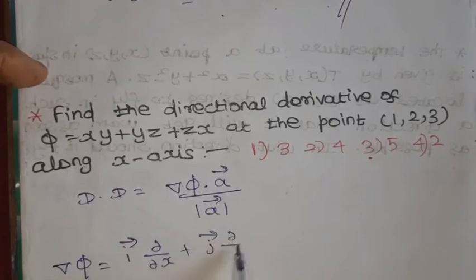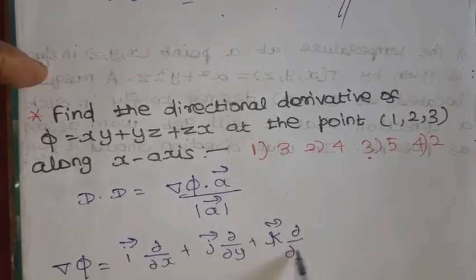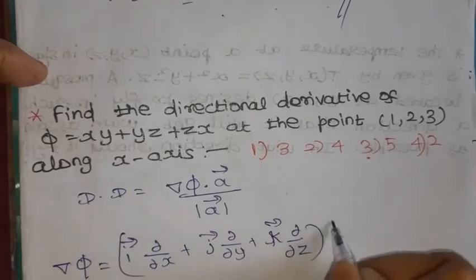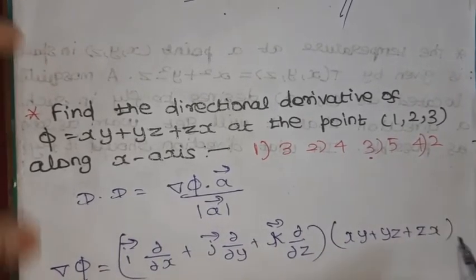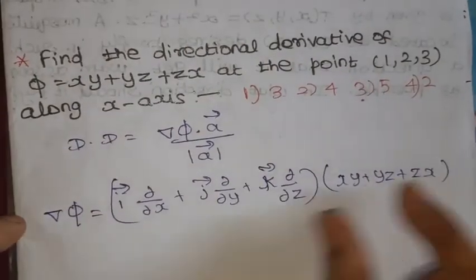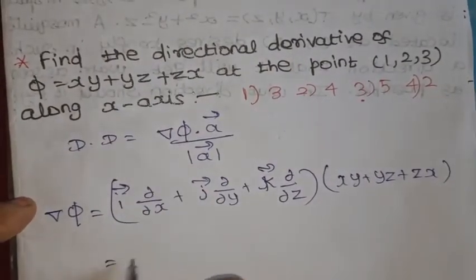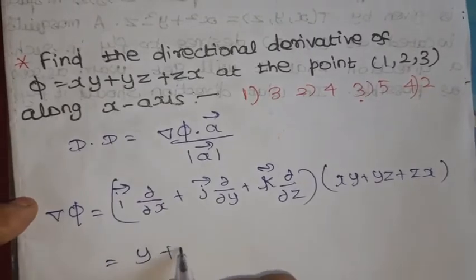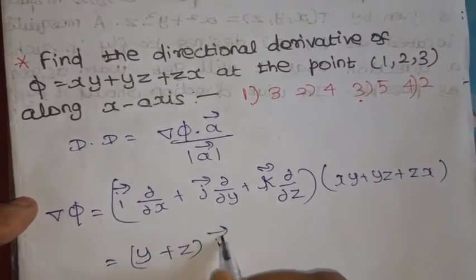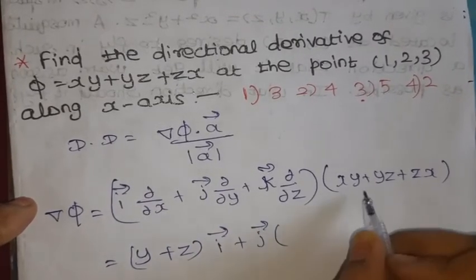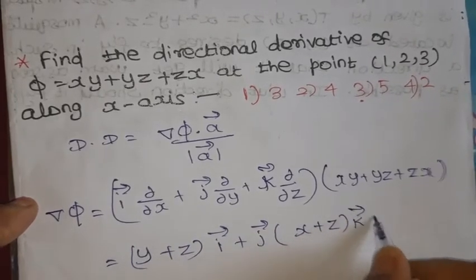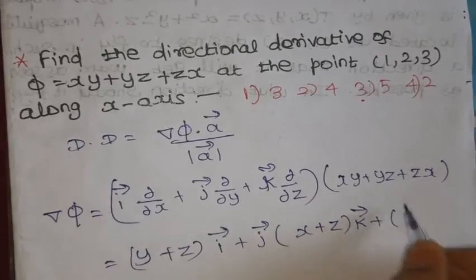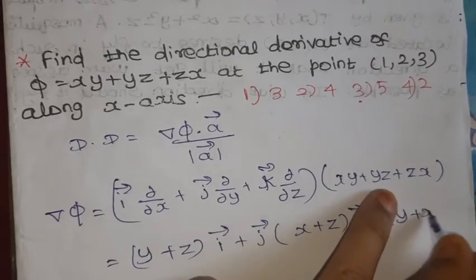I am writing elaborately each and every time; in the exam, do it as mental calculation. Dou by dou x of this term, what will we get? y plus z into i. Then dou by dou y of this term, x plus z into j. Then dou by dou z of this term, y plus x into k.